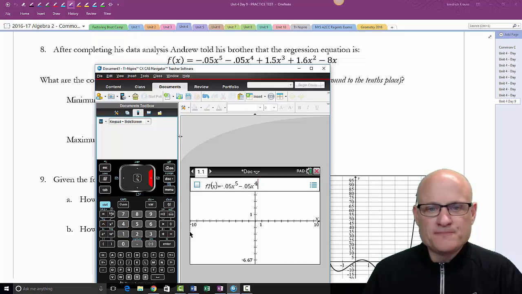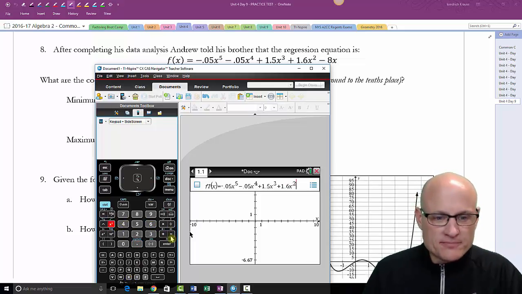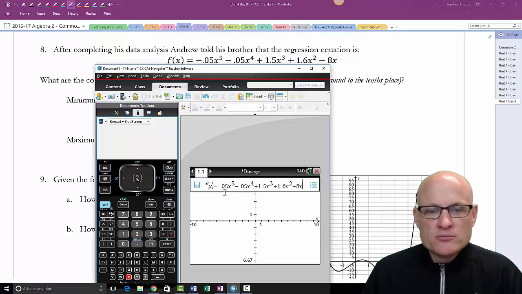Get out of 4th mode. Plus 1.5x cubed. Get out of cube mode. Plus 1.6x squared minus 8x. Whew. Negative. Let's go. Enter.